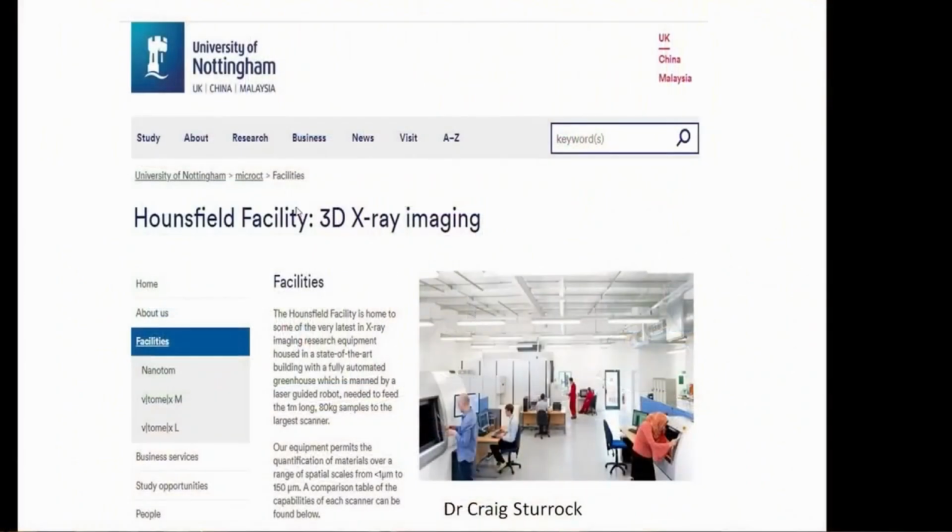I was most impressed with the University of Nottingham's micro CT setup, their so-called Hounsfield unit. Dr. Craig Sturrock, who runs that unit, was very polite and helpful to my requests.